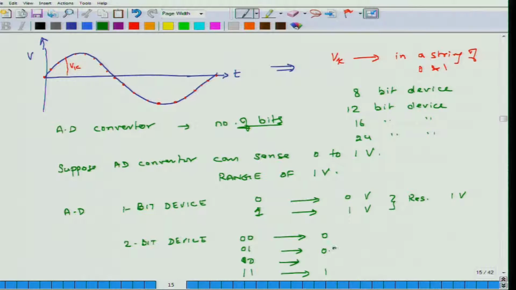So, I can make this 0.33, 0.66 and so on and so forth. So, maybe the protocol could be, if I send out a string of 2 zeros, consider it as 0, 0 1 0.33, 0 0 0.66, 1 1 1, right.